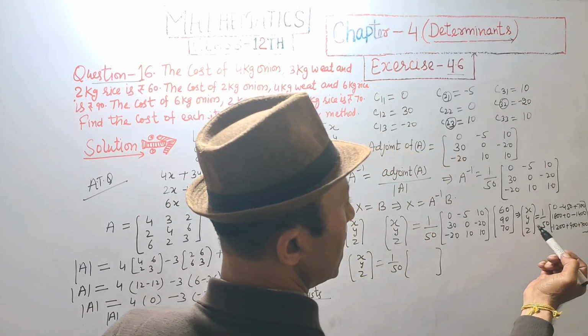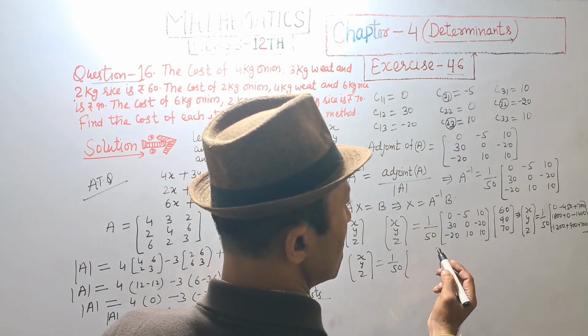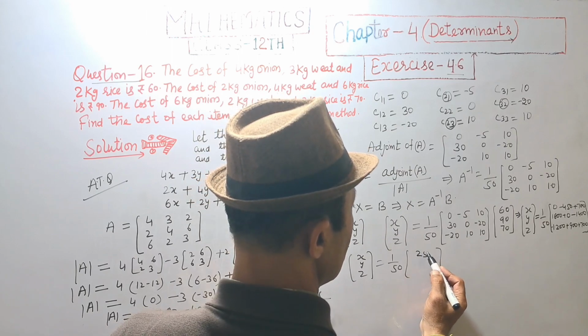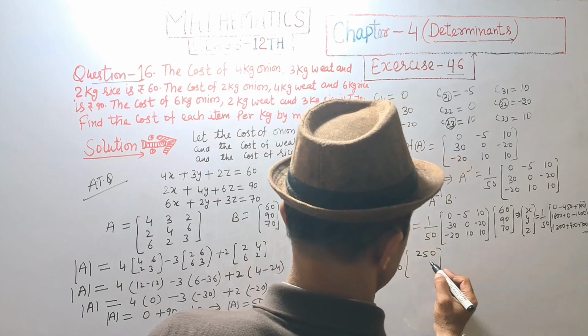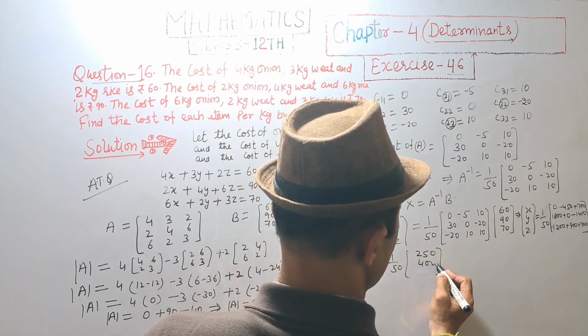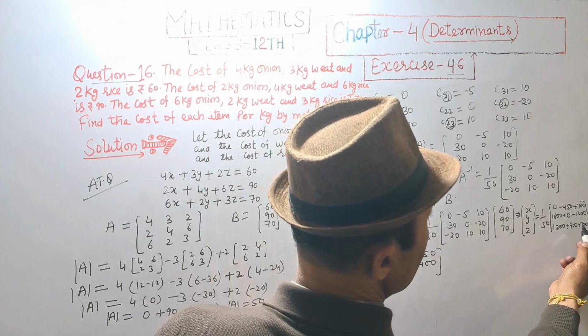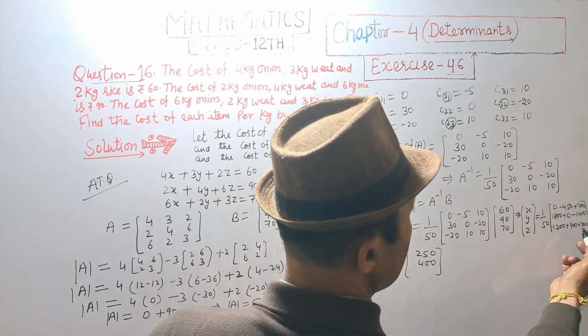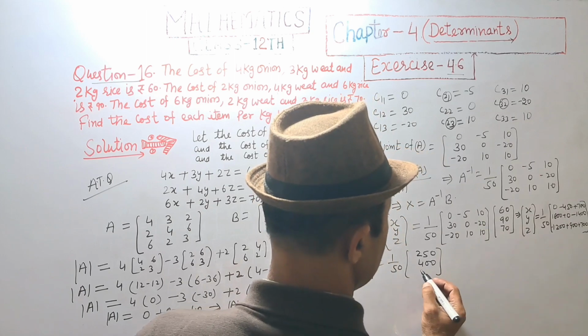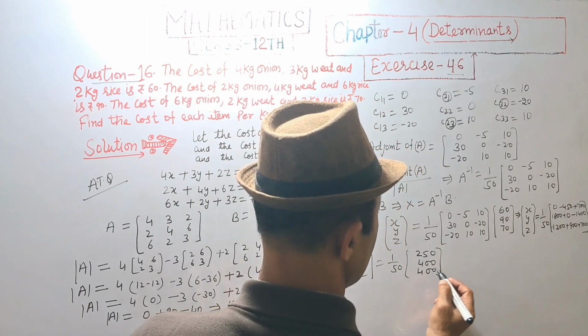700 minus 450, that is 250. 1800 minus 1400 is equal to 400. 700 plus 900 is equal to 1600, and 1600 minus 1200 is equal to 400.